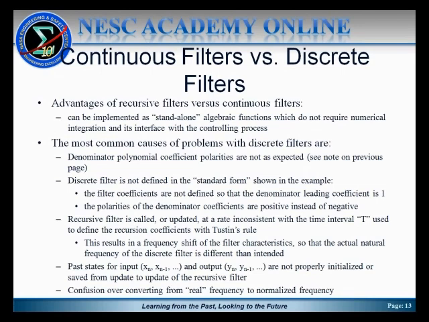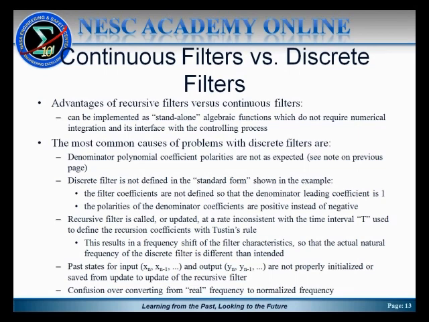One of the most common causes of problems is that the person who defined them for you defined them differently. You can get really bad results by not understanding how those coefficients in the denominator were defined. The discrete filter might not have been defined in the standard form as shown before, and one of the more common causes is one of the following.